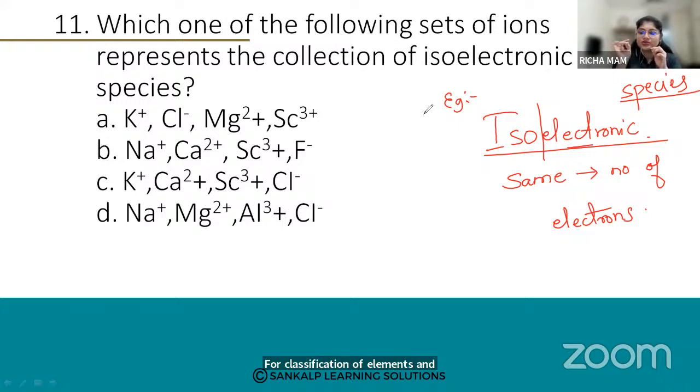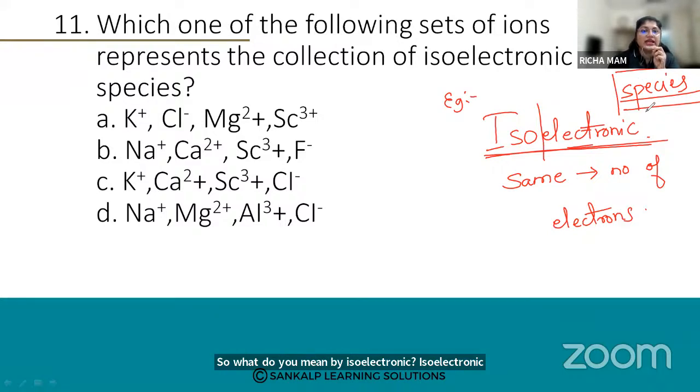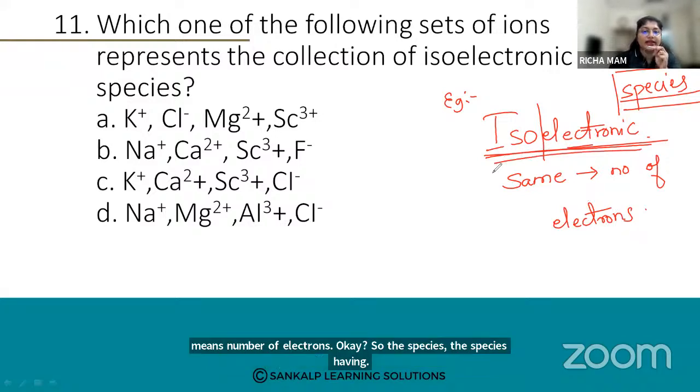So you have to know the meaning of this word. Isoelectronic means same number of electrons.